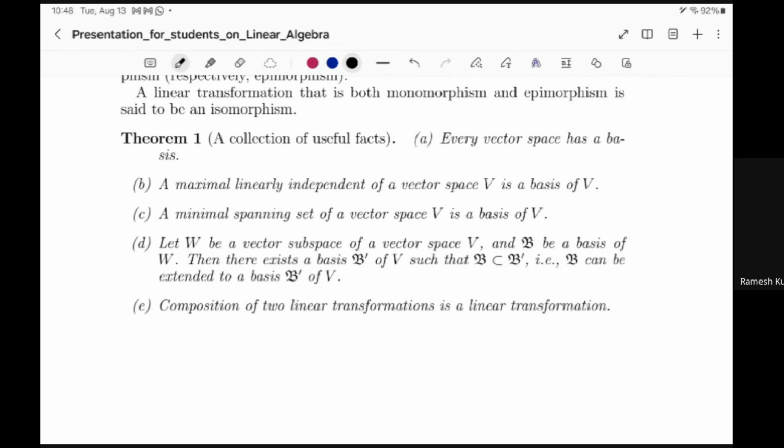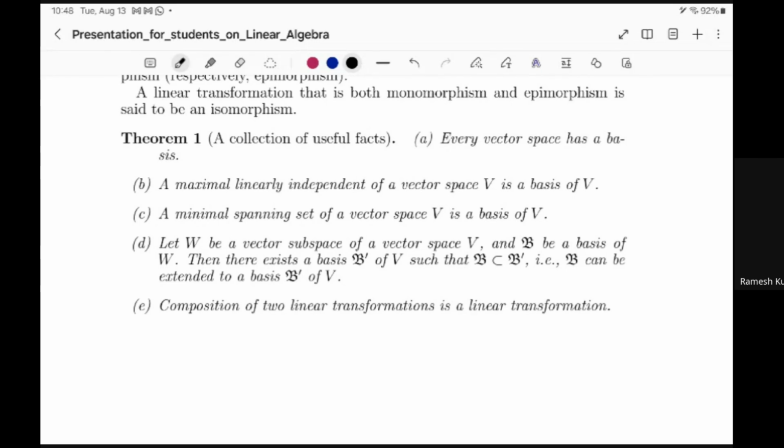But for the finite dimensional case, what you do is you look at a spanning set. You start with picking one element, then you look at all the elements that you can reach out of that particular element. So in other words, you look at the set C times V, where you vary C over the field that you are considering.